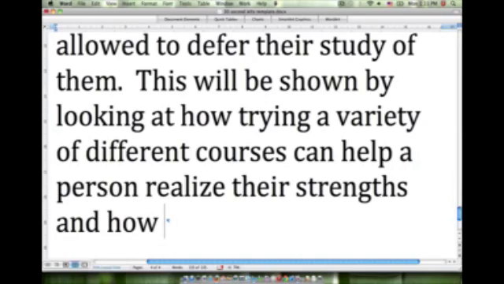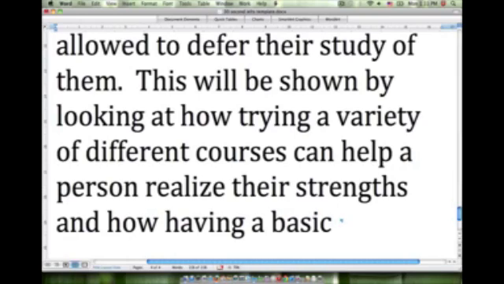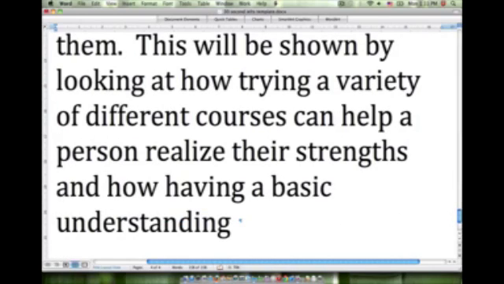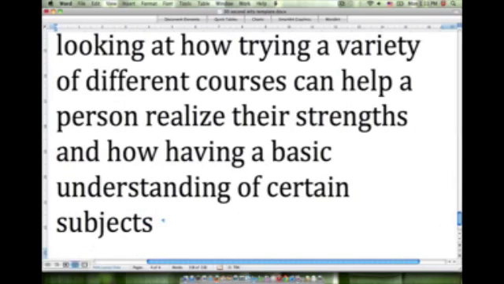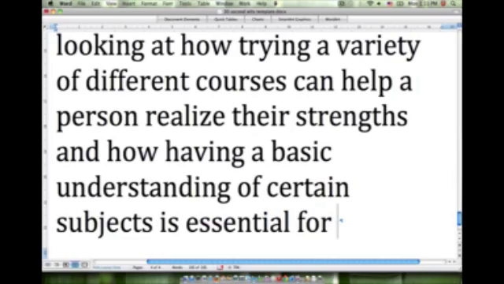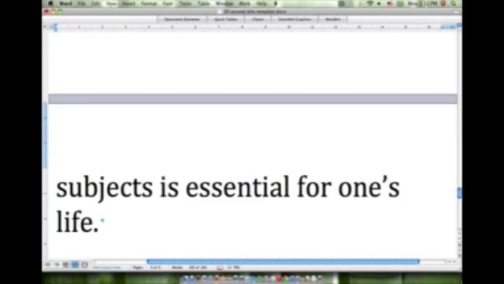So how having a basic understanding of certain subjects is essential for life. Essential, we'll say essential for one's life.